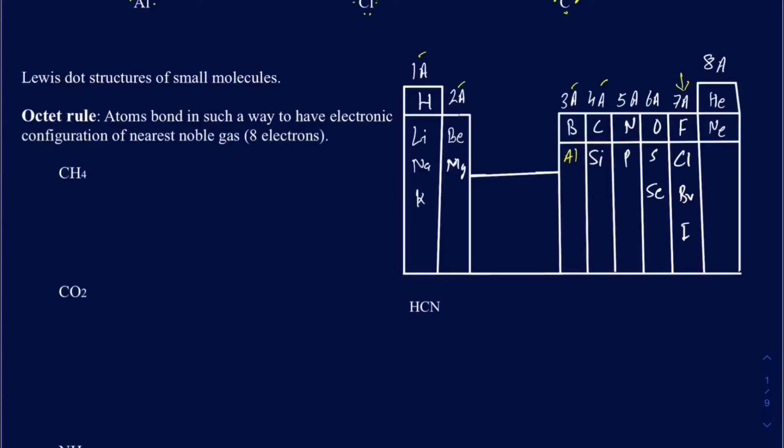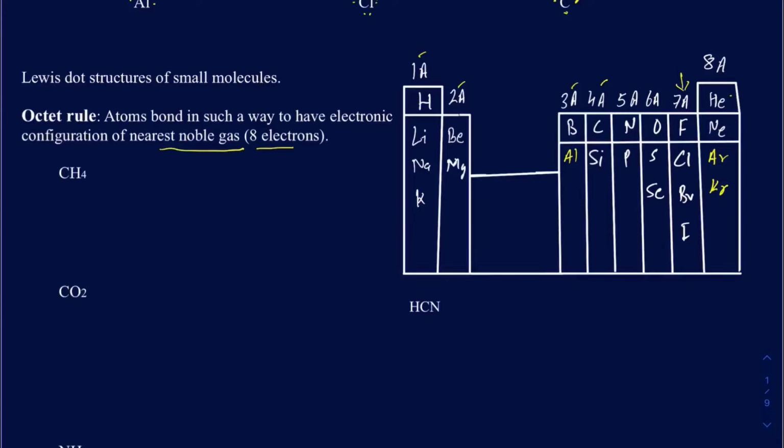The Octet Rule says whenever elements make a compound, whether it's a covalent compound or even an ionic compound, they try to have the electron configuration the same as the nearest noble gas, and most of your noble gases except helium have 8 valence electrons. So whenever these elements make a compound, they would like to have 8 electrons at the end of the day.